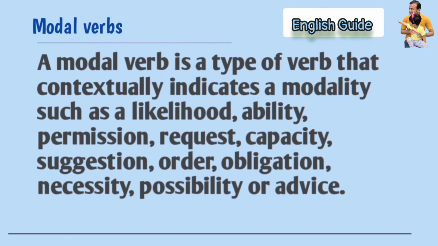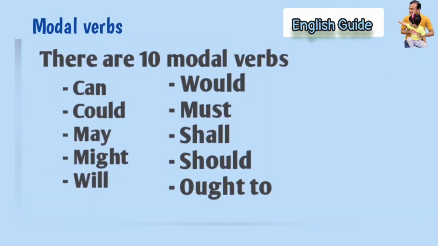Here we will be discussing the types of modal verbs, because in this session we are only introducing all types of verbs and the basic concept of them, so we will not go deeper. So we have 10 modal verbs: can, could, may, might, will, would, must, shall, should, ought to.